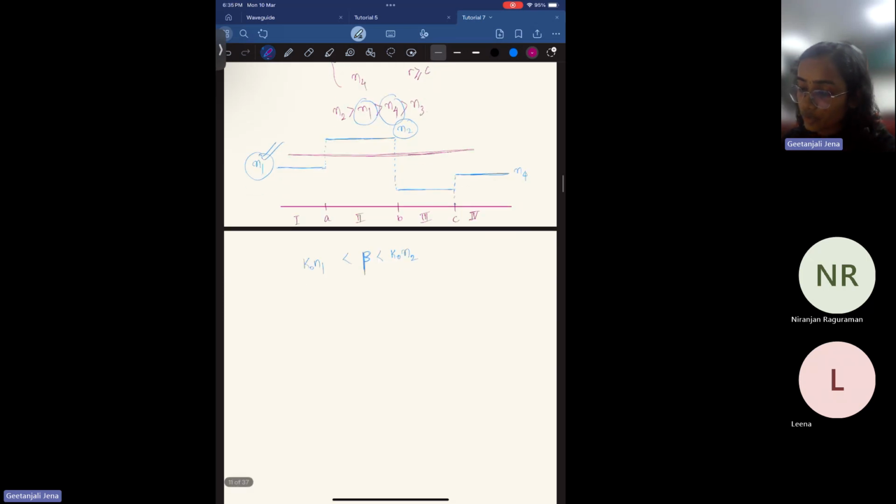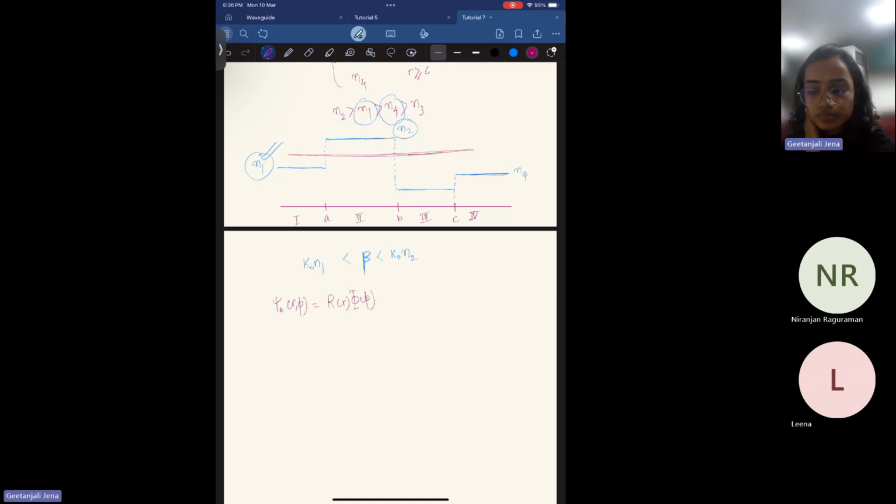For the modal field in a step index fiber, we have psi(r, phi) as the radial part R(r) and the phi part.